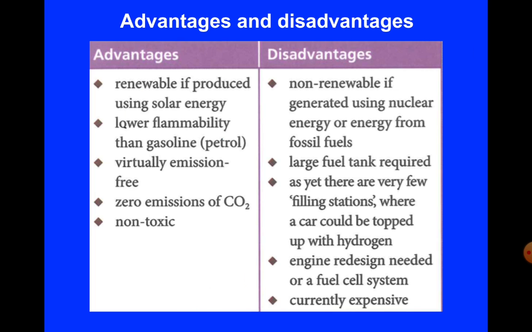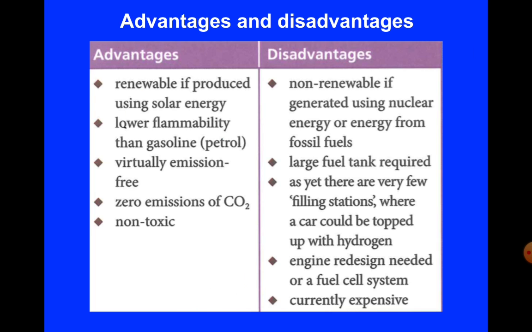Another problem is that we need a large fuel tank. Hydrogen is very difficult to store. At this moment there are only a few filling stations where we can top up the hydrogen, and there needs to be a redesign of the fuel system. And at this moment it's currently expensive. Okay.